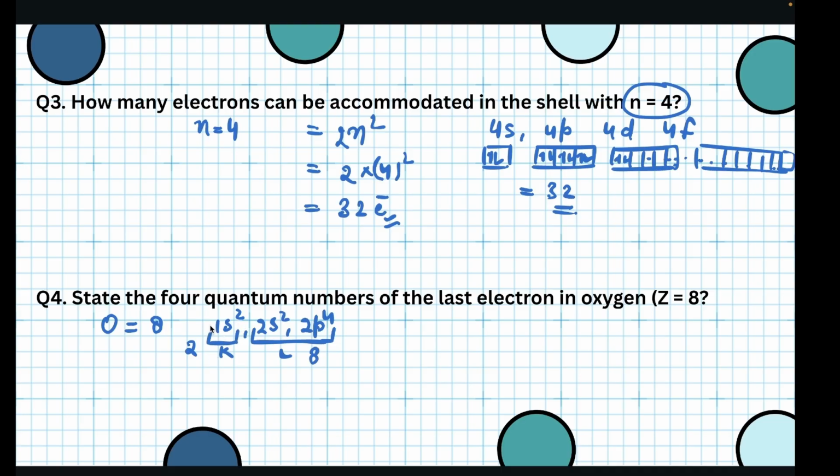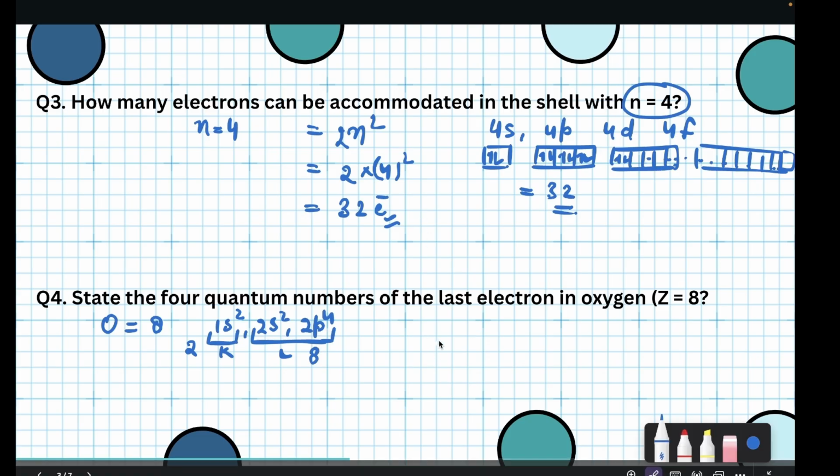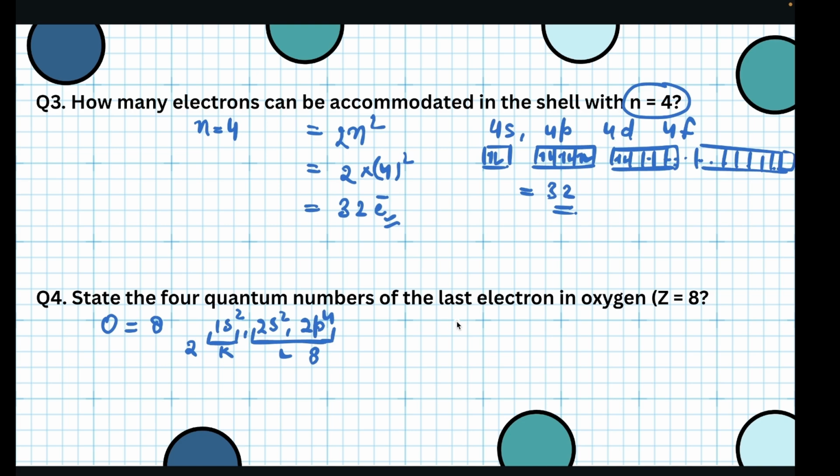So the configuration will be 1s2, 2s2, 2p4. As we can see in this configuration, the last electron is in the p orbital. So we will calculate all 4 quantum numbers for the last electron which enters the 2p subshell.